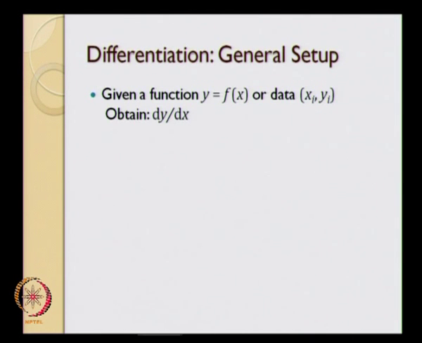Given a function y equal to f of x, sometimes we may not have the function, but just data points xi, yi, or methods to generate these data points. No matter how we do that, let us assume that we have some kind of a curve y equal to f of x and we are interested in differentiating and obtaining the value dy by dx.